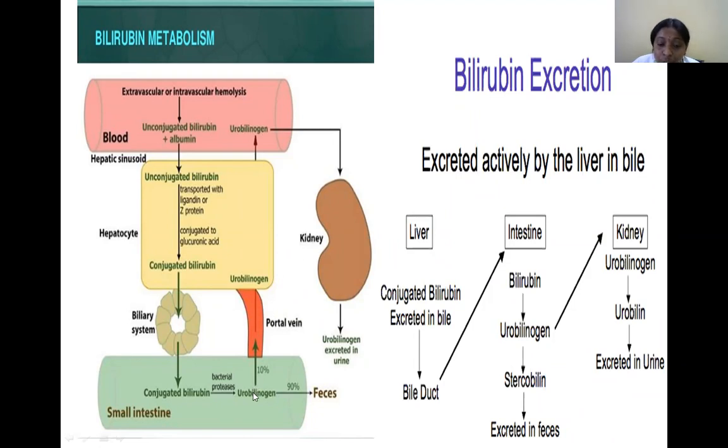Some amount of stercobilinogen passes through the feces, forming yellow colored stools. This stercobilinogen is oxidized outside and converted into stercobilin, and brown colored stools are formed.